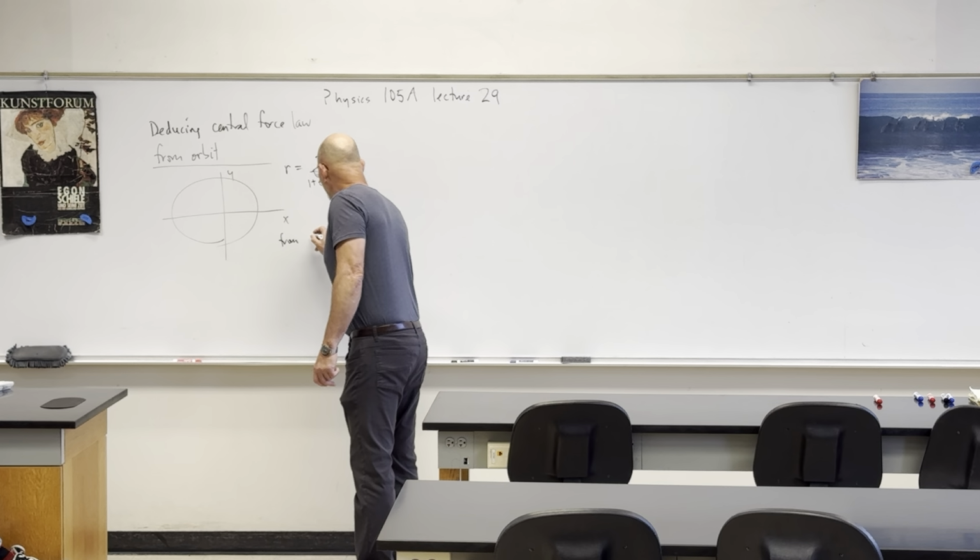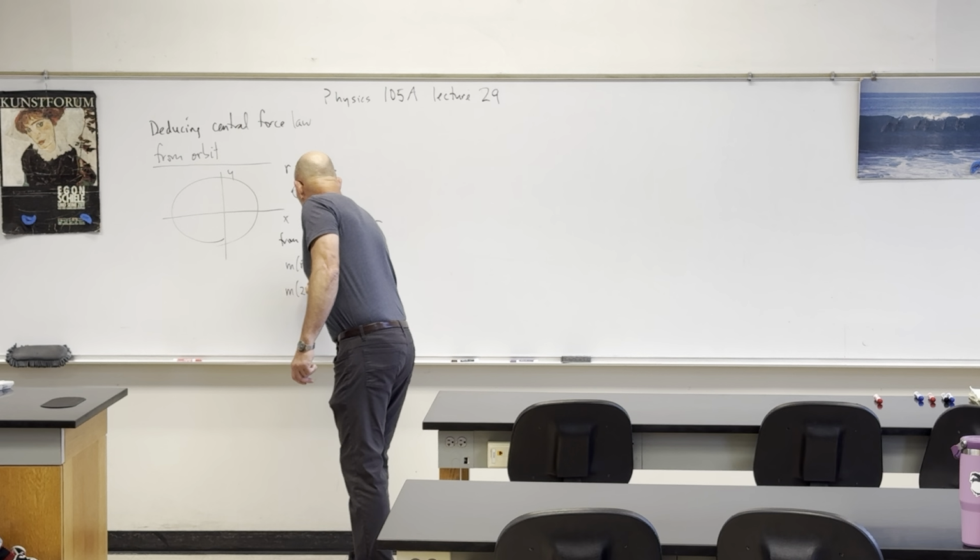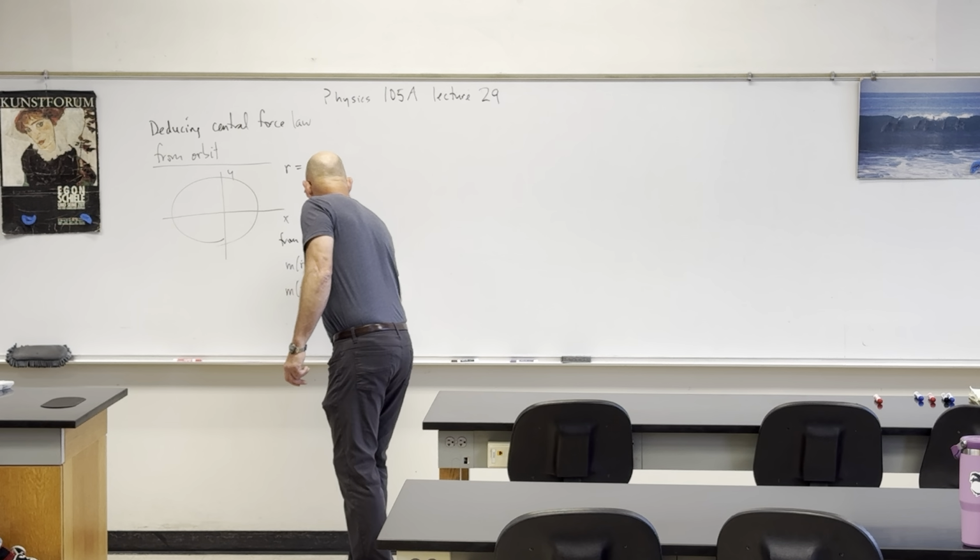So we have m times r second derivative minus r phi dot squared equals f of r, and m times 2 r dot phi dot plus r phi double dot.